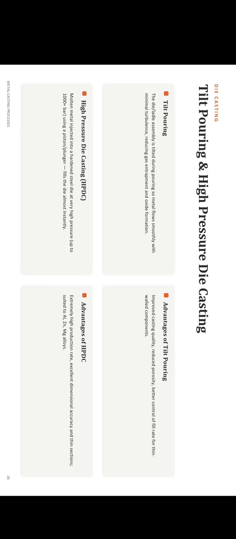High pressure die casting: molten metal is injected into a hardened steel die at very high pressure, up to 1000 plus bar, using a piston and plunger, and fills the die almost instantly. Advantages of HPDC: extremely high production rate, excellent dimensional accuracy, and thin sections, suited to aluminum, zinc, and magnesium alloys.